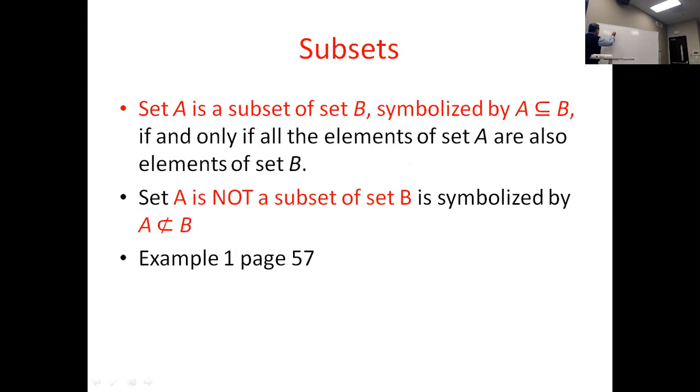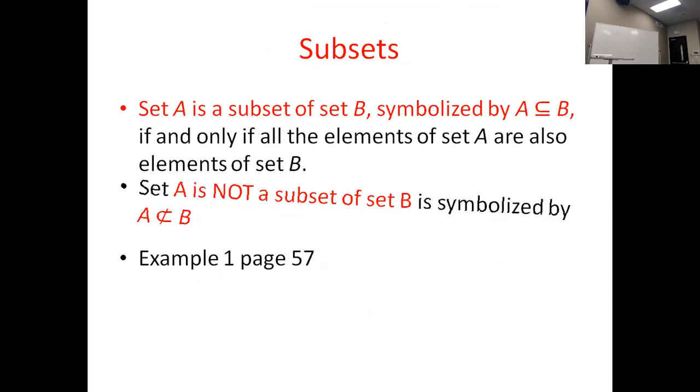A is a subset of B when all the elements of set A are also elements of set B. Set A is not a subset of set B, and is symbolized by the subset symbol with a line crossing it, when its elements are not also part of the other set.